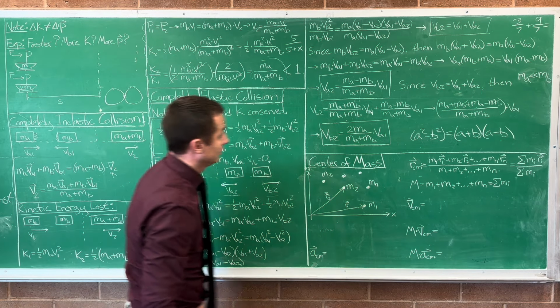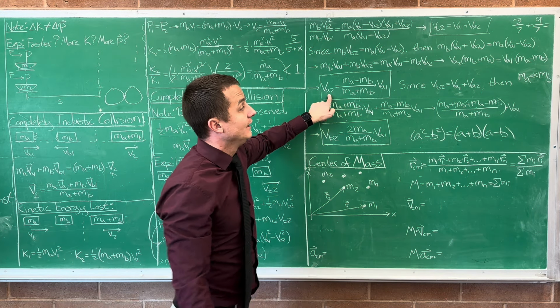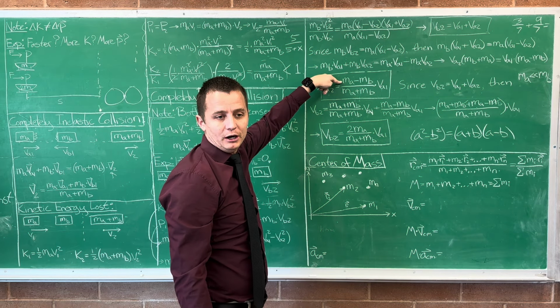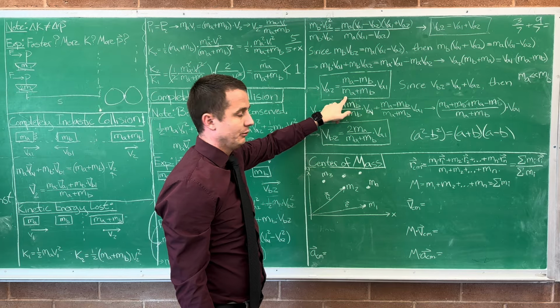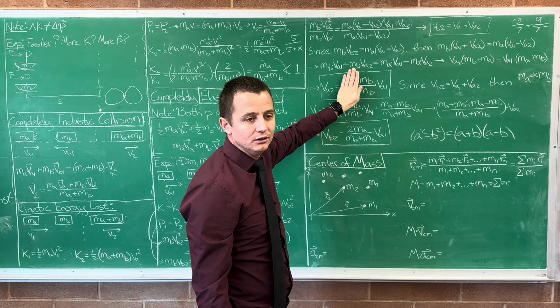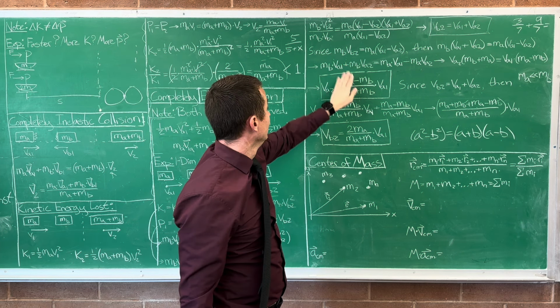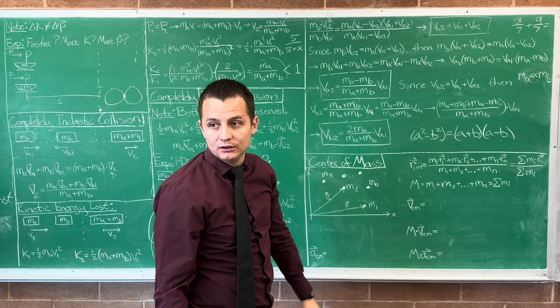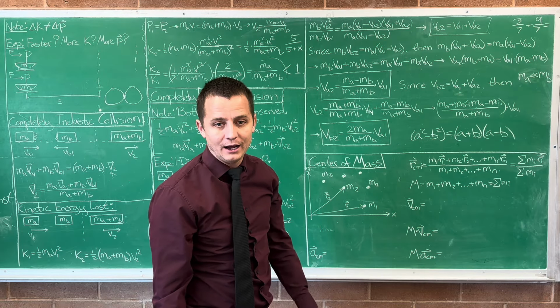So let's check that. If MA is really, really small compared to MB, then that MA is basically 0, and that MA is basically 0. And so you get negative MB over MB, which is basically negative 1. And so VA2 is essentially negative VA1, which is exactly what we expected to happen.